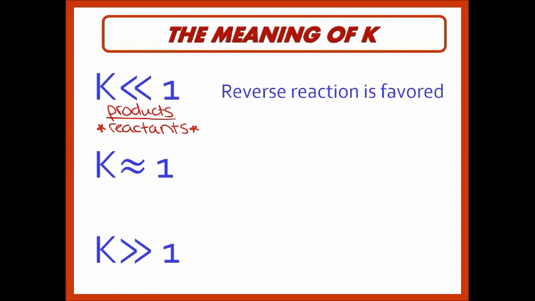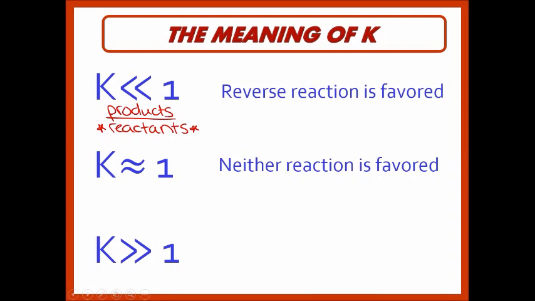Now, if we consider a situation where K is approximately equal to 1, this means that the numerator and denominator are roughly the same value, so that, in other words, the product concentration at equilibrium is approximately equal to the reactant concentration at equilibrium. So therefore, when K is approximately 1, neither the forward nor the reverse reaction is going to be favored.